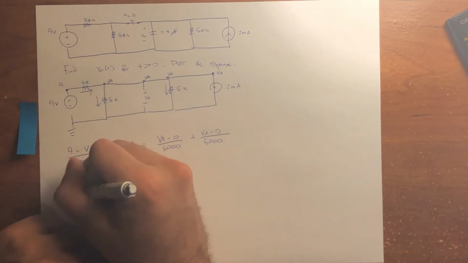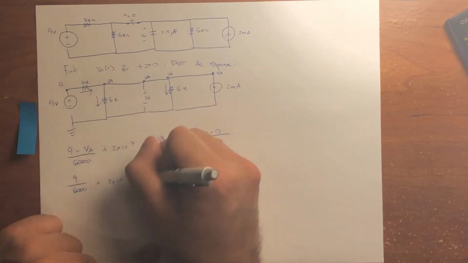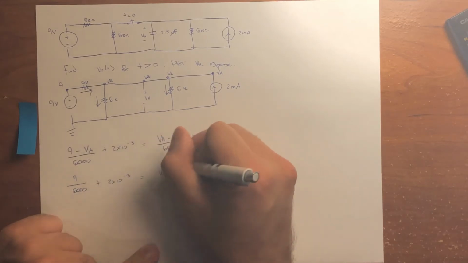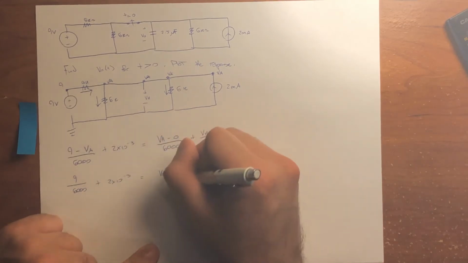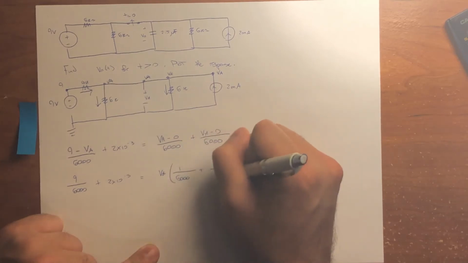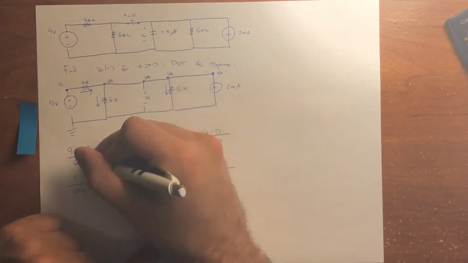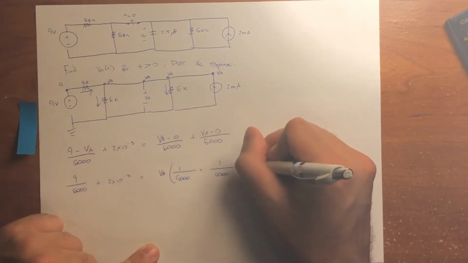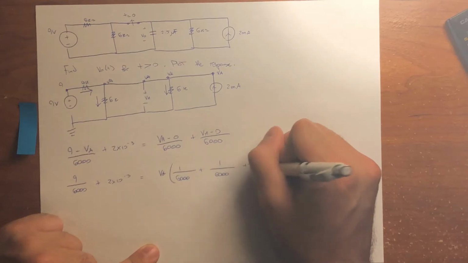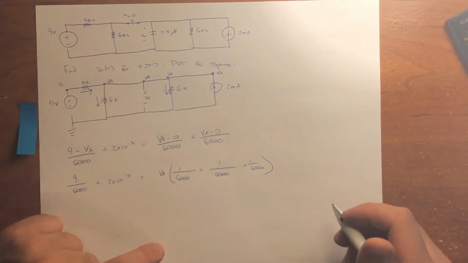We have 9 divided by 6,000 plus 2 times 10 to the negative 3 equal to VA multiplied by 1 divided by 6,000 plus 1 divided by 6,000, and we moved the third term to the right side, so that is 1 divided by 6,000 too. From there we can solve for VA.